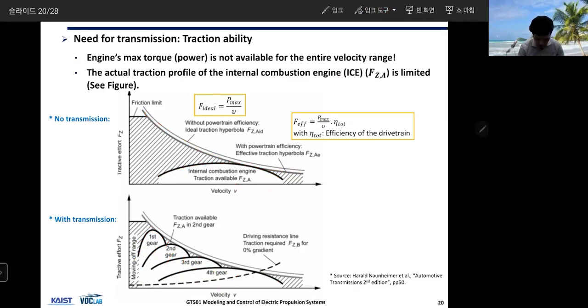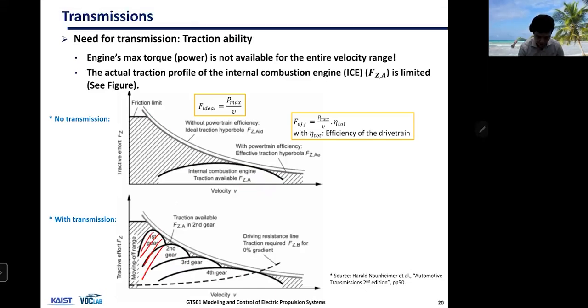Let's say you designed a gear towards higher tractive force or higher torque at the wheel, and that will definitely give you higher torque. But the problem with this would be that maximum speed will be limited. So your vehicle cannot travel at speed beyond this value.